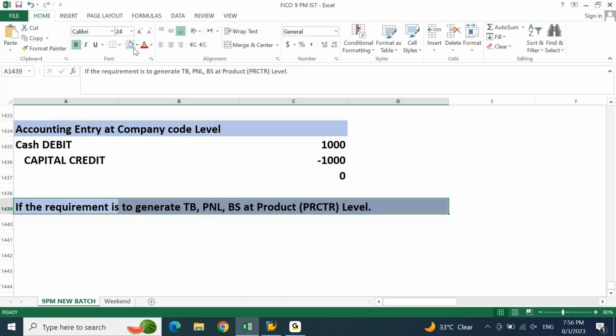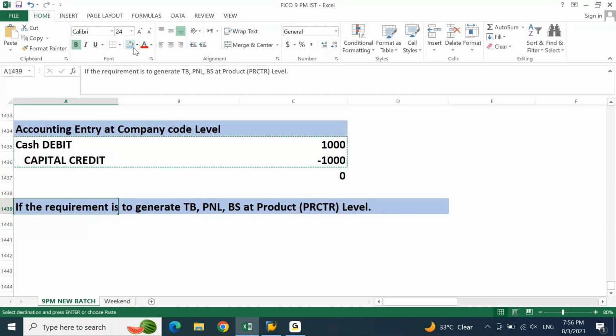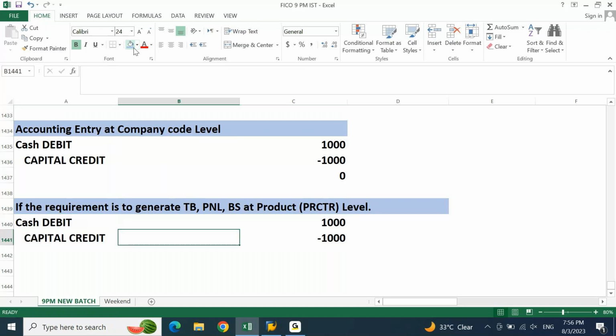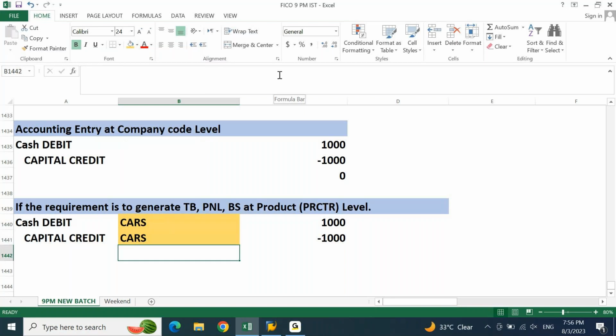now I'll write the same accounting entry, cash debit, capital credit, but I must represent this debit is at what profit center. Let's say it is at cars. I must represent which product or which profit center this debit credit is representing.